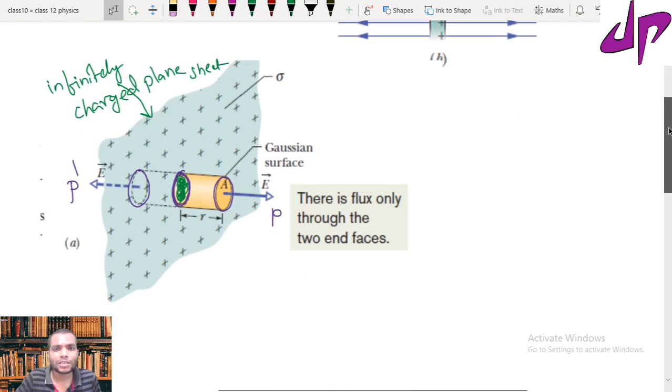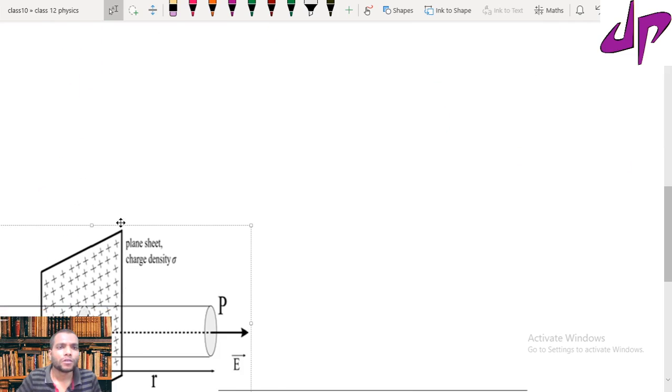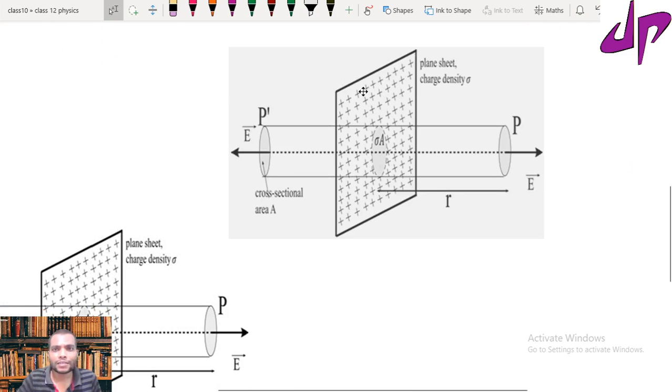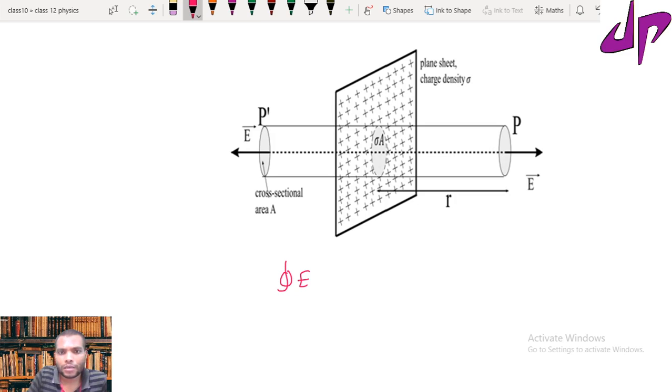Now our task is to find the electric field at a given point. For that, I would like to take this figure as it is. First I need to write my Gauss theorem. The Gauss theorem says that the closed integral of E dot dS equals Q by epsilon naught, where Q is the charge enclosed.